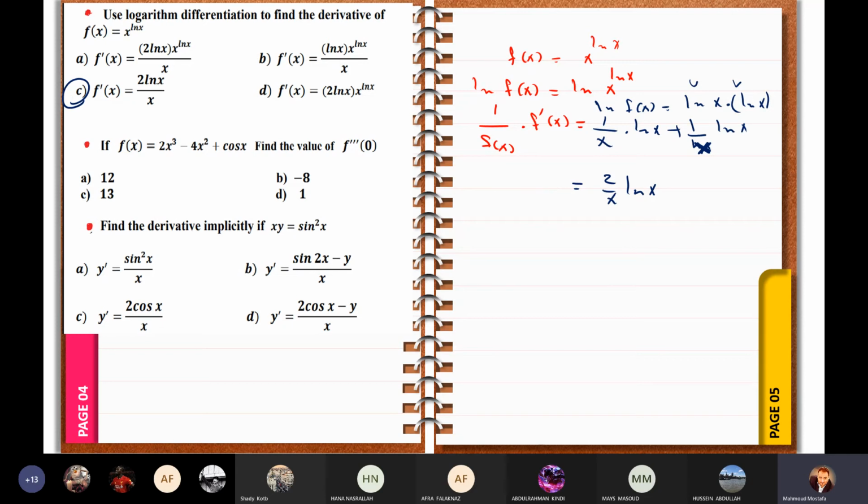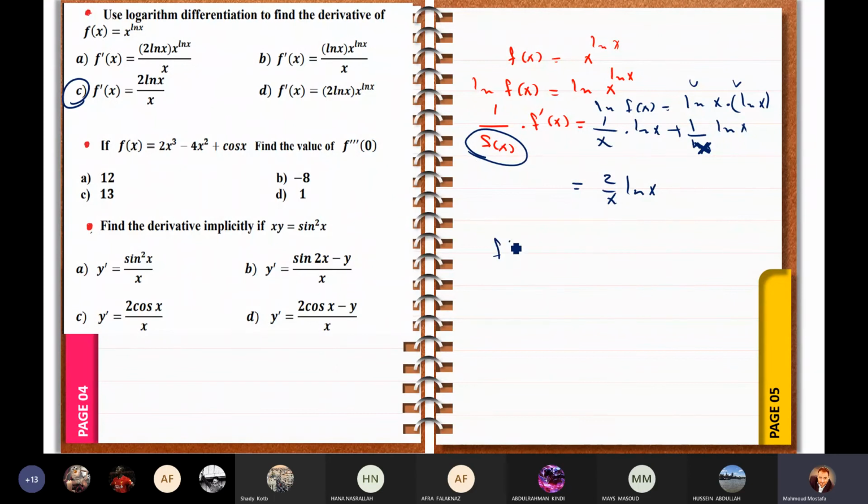Okay, boys and girls? Is it clear? But teacher, shouldn't we multiply it by the original x power ln x? Why? Yes.